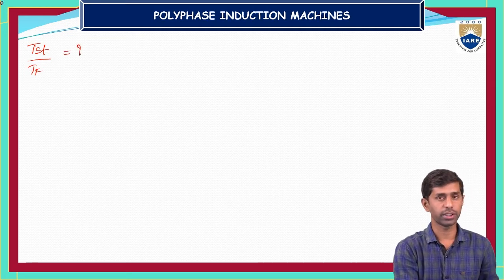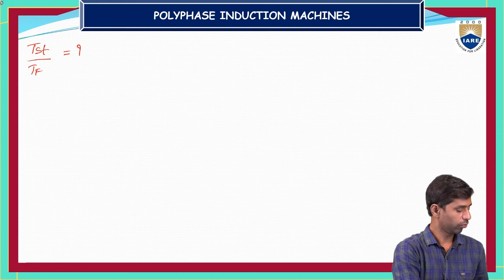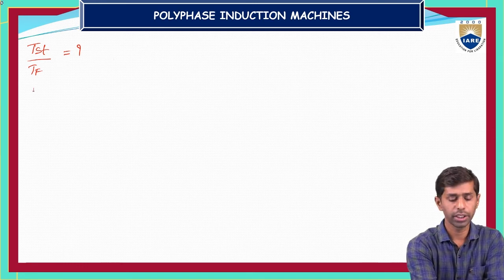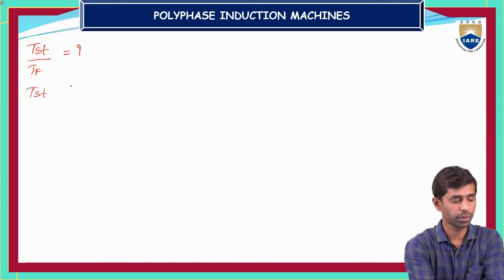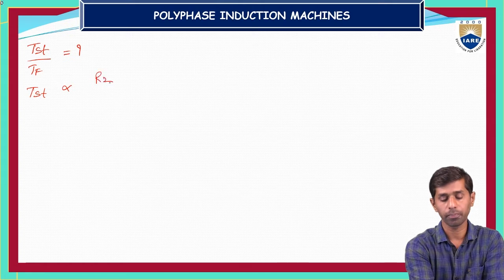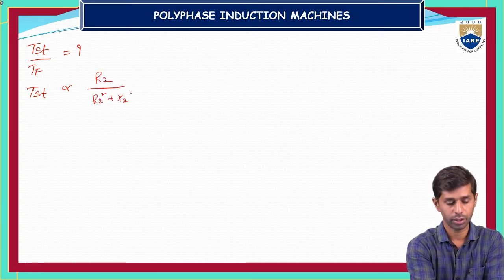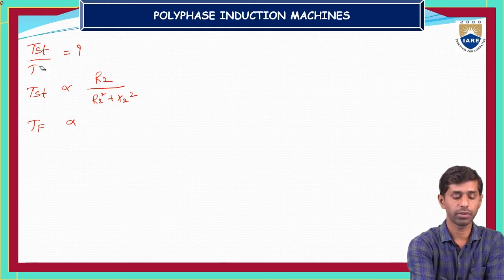Similarly, derive the expression for starting torque to full load torque. Let us assume TST, the starting torque, is proportional to R2 by R2 square plus X2 square. Let us derive the expression for TST by T maximum.